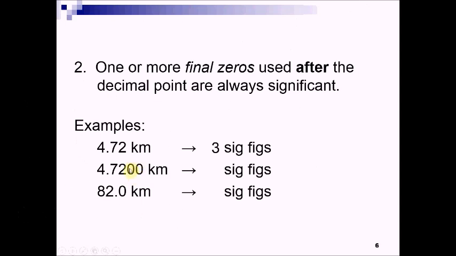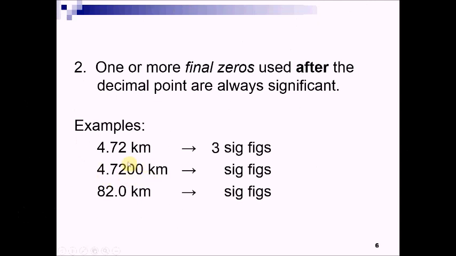Well, these must matter. These must be part of our measurement. And whatever we were using to measure distance, this piece of equipment was more precise than the piece of equipment above. Why would we bother putting these zeros here unless they were part of our measurement? So really that last 0 was our uncertain digit. That was somebody's guess. So all of these digits must matter.